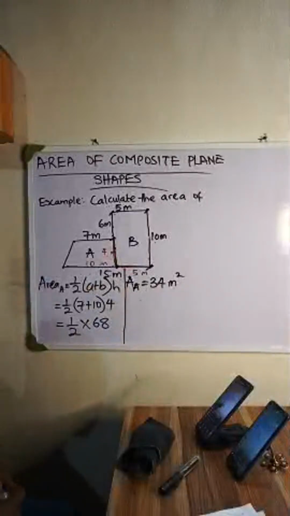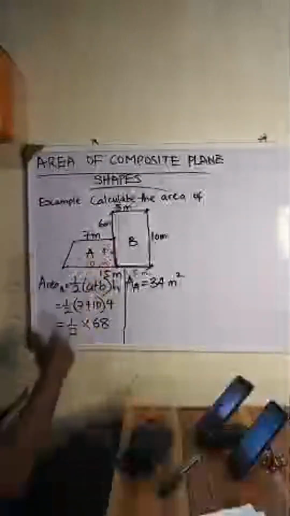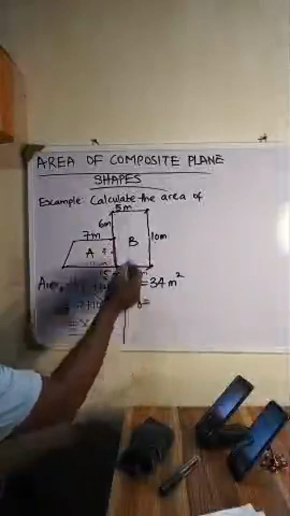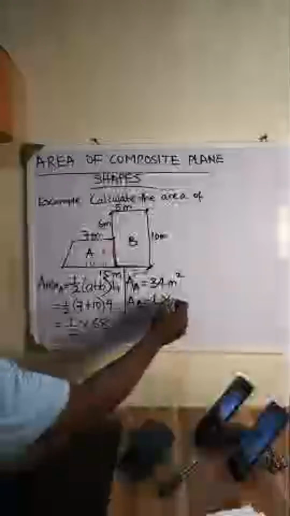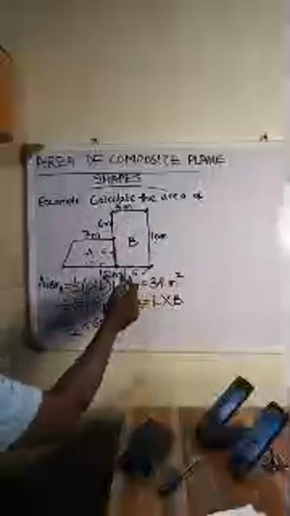Okay. So now we've gotten this area A. Next, we are going to do area B. This is a rectangle, so area B is equal to length multiplied by breadth. The length is 10, the breadth is 5.